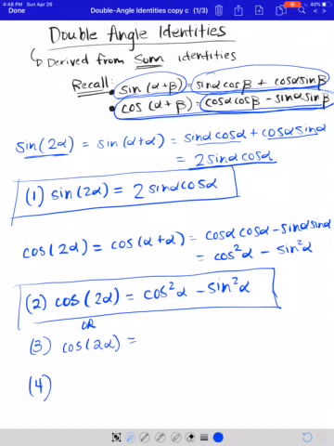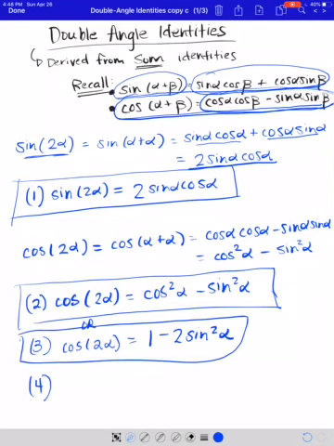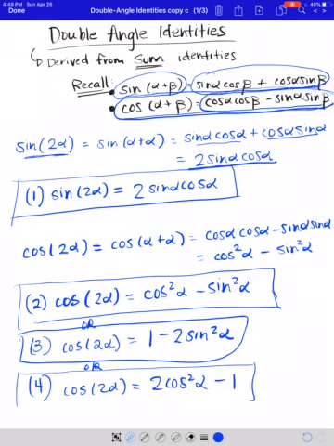The first one says cosine of 2 alpha is equivalent to 1 minus 2 sine squared alpha. And the other one says that cosine of 2 alpha is equal to 2 cosine squared alpha minus 1. So if we're doing a double angle identity for cosine, we can actually use any of these forms.